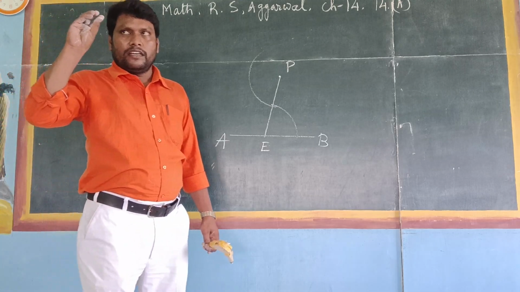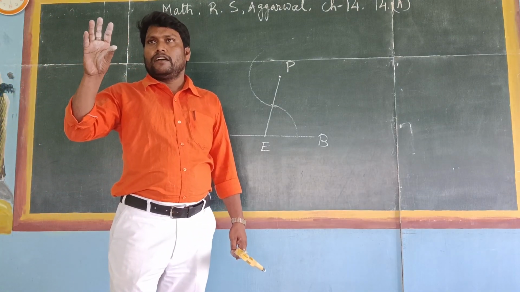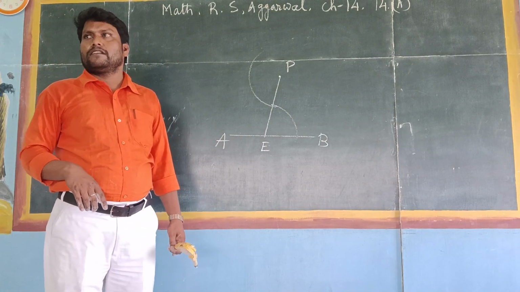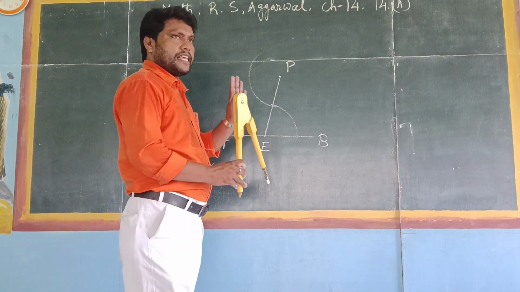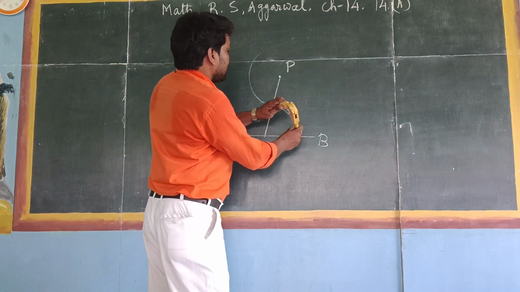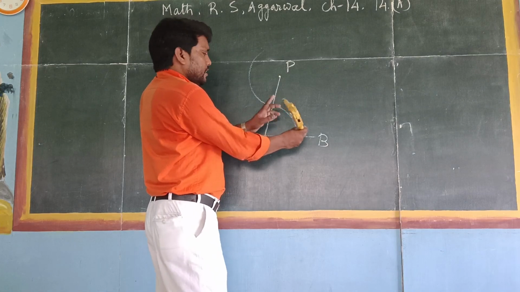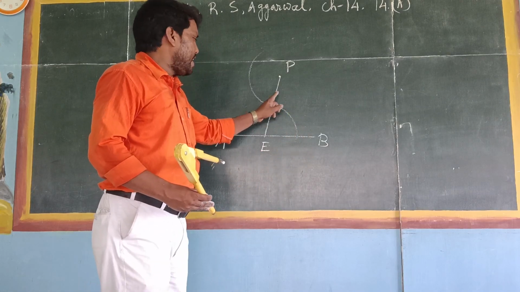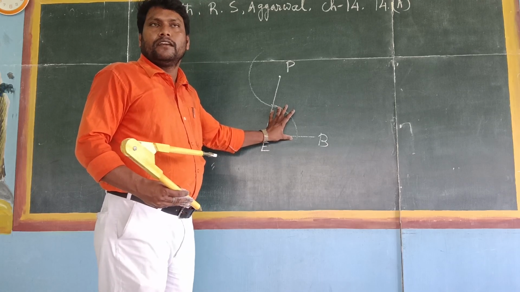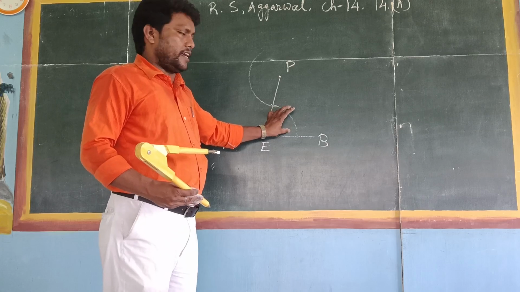You just keep in your mind the steps, how it is constructed. Next, third, measure the arc. That is the opening part of two lines. That is an angle. What is an angle? The opening part of two intersecting lines is called an angle.